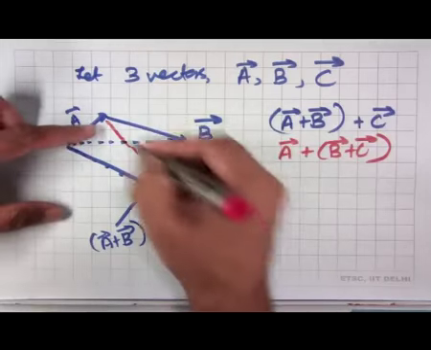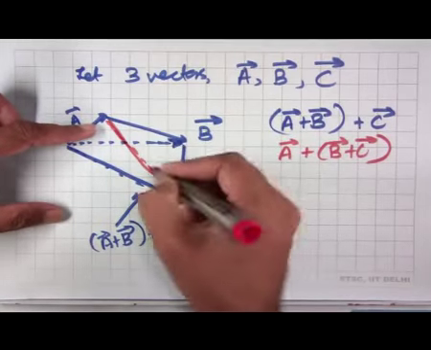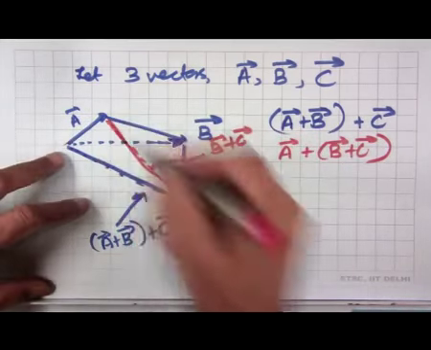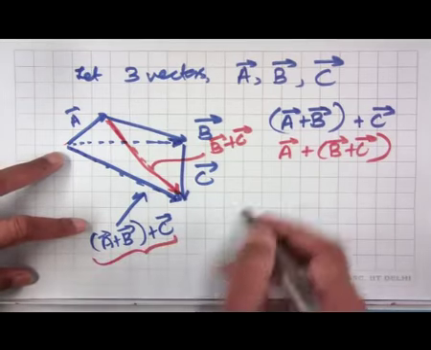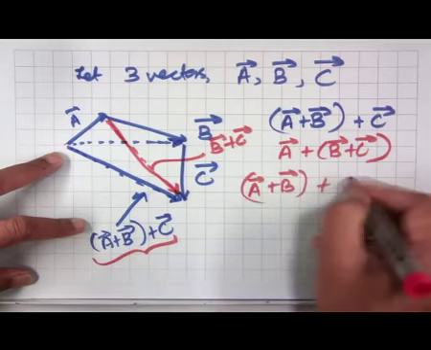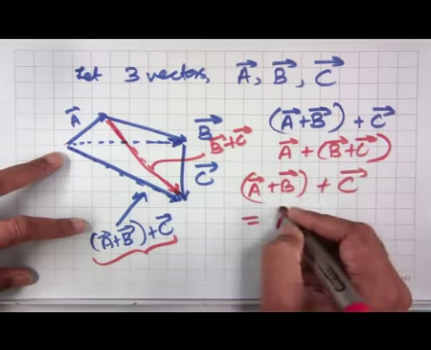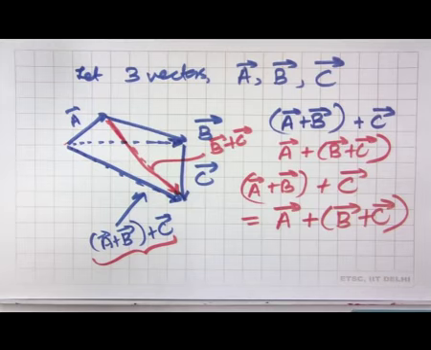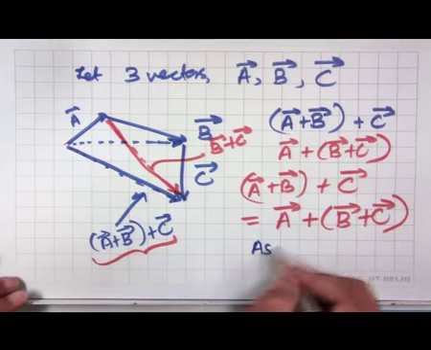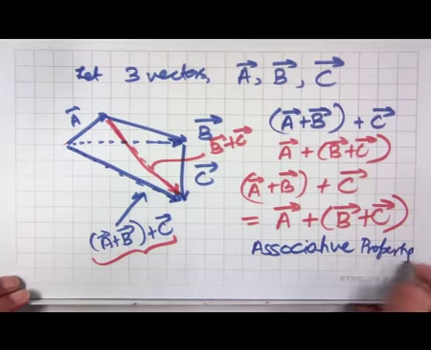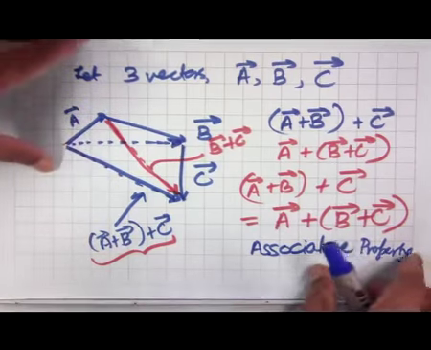So, A, B, C. I will look at this line, this is vector B plus vector C, and when I add this to A, I again get A plus B plus C. So, what we get is vector A plus B, added to C, will be equal to vector A plus the sum of B and C, and this property is called the associative property. So, we can add vectors in any order.